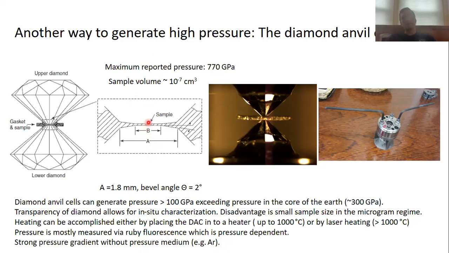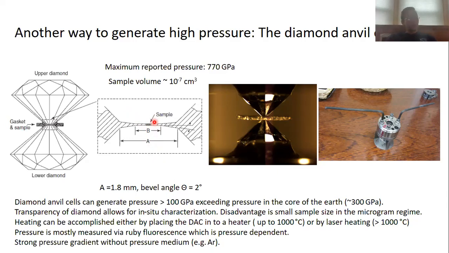So if you embed your sample in a hydrostatic pressure medium, such as solid argon, you can minimize these pressure gradients, and you have a homogeneous pressure within your sample.